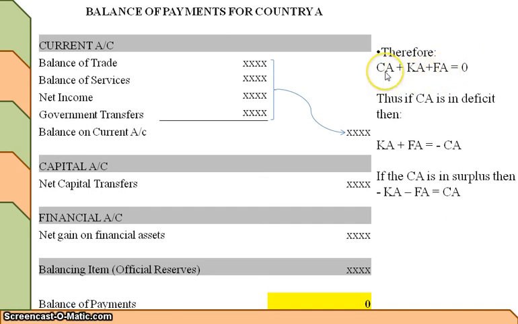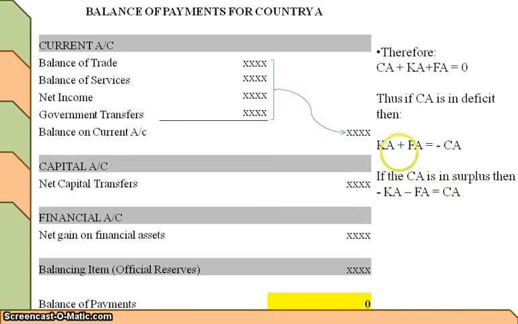But if you carry across the current account, the plus turns to a minus on the other side of the equal sign, and therefore a deficit in your current account will mean that you have a surplus in your capital and financial account. And if you have a surplus in your current account, it means you have a deficit in both your capital and financial account. Now, how does that happen?